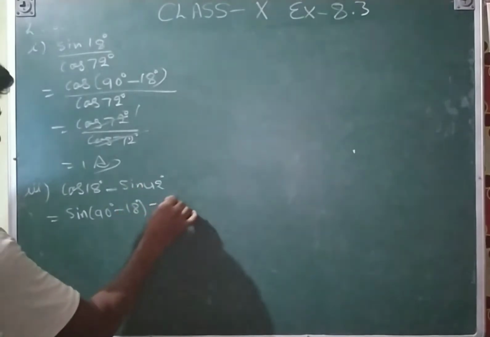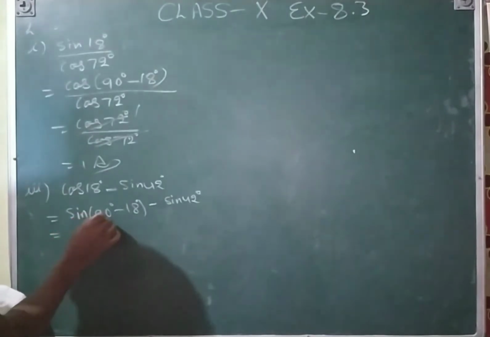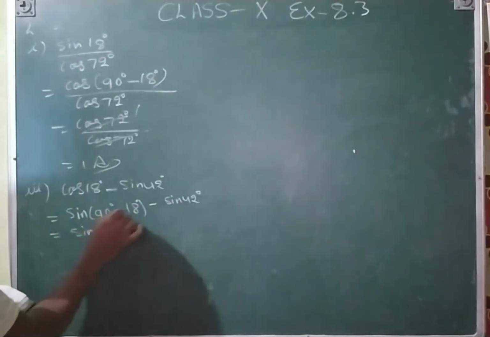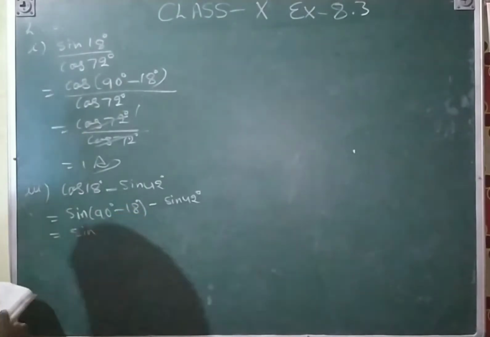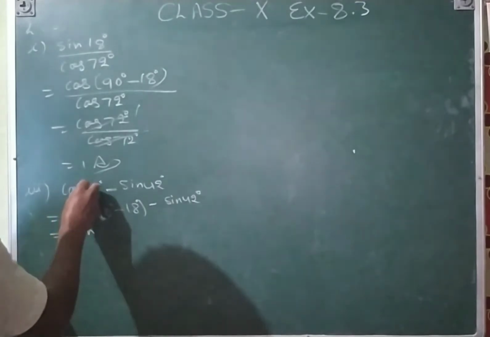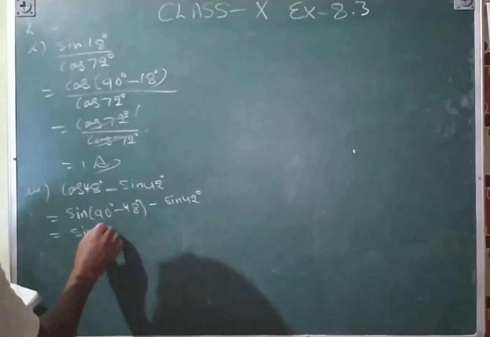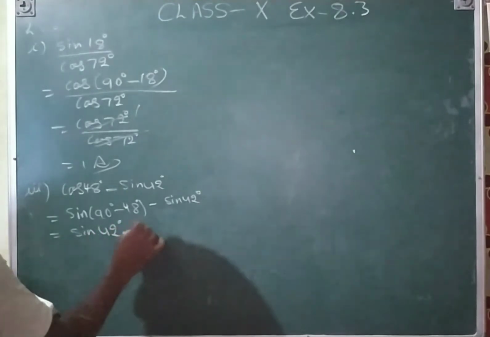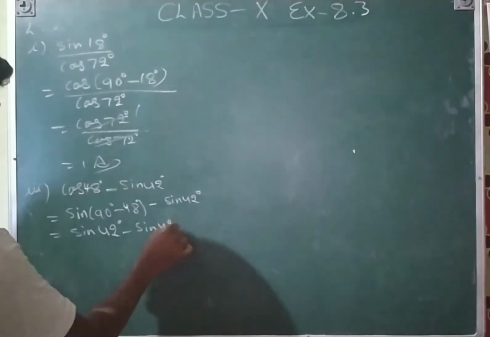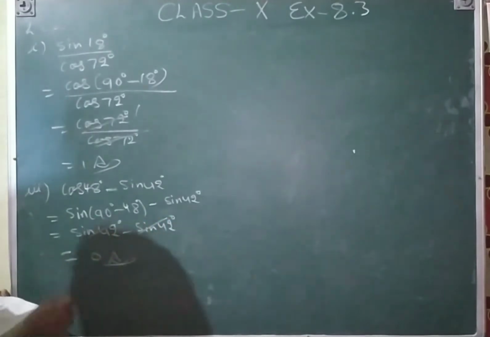Sine (90 minus 48) is 42, and then sine 42 is also there, so that cancels, so 0 is the answer.